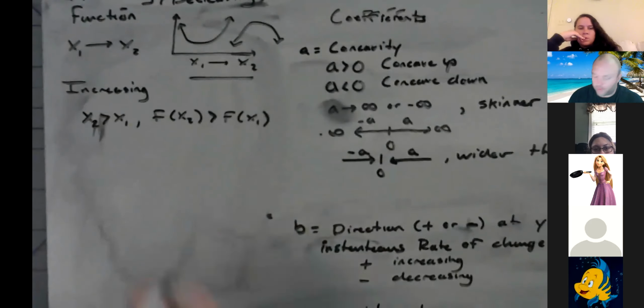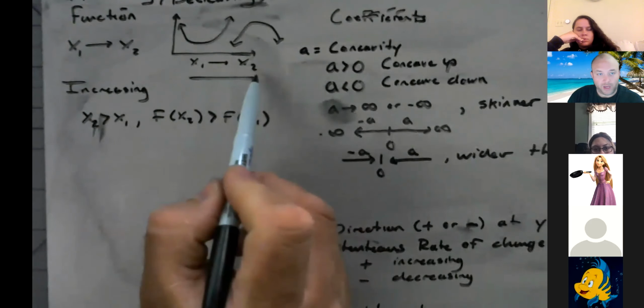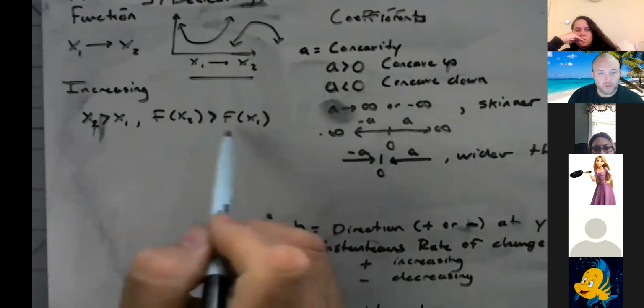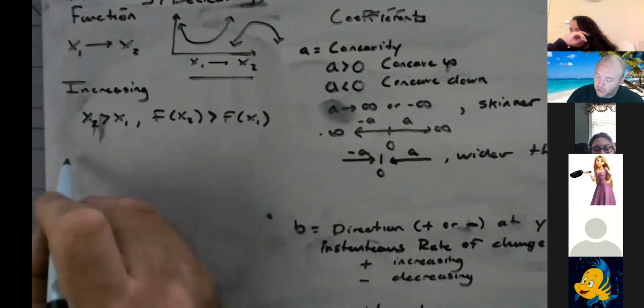So we know it's increasing when, given x2 is greater than x1, so it's further to the right, f of x2 is greater than f of x1. Okay. Decreasing.